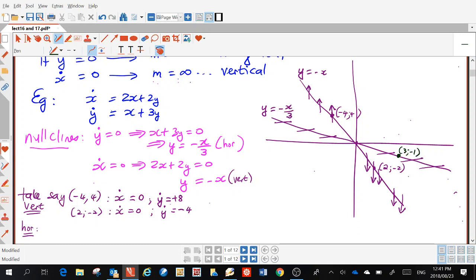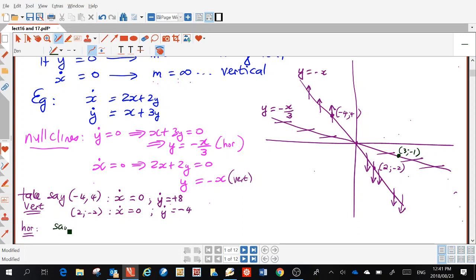That's a good typical point. Any point you can take, as long as it lies on the line, so you must be sure it satisfies the equation of the line. Choose some multiples of 3, which are ideal, like 3, 6 and so on. So let's do a test.